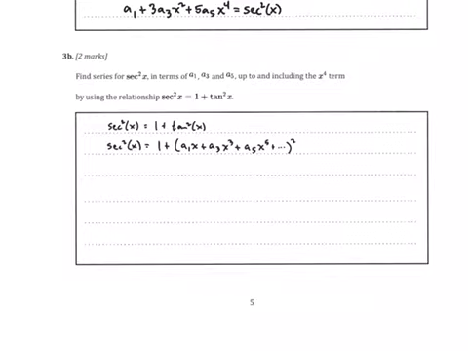Now, because I only want up to the x to the fourth term, I can simplify the issue here and make this slightly easier to understand. I'm just going to write this as a1x plus a3x cubed. I'm going to drop the rest of the Maclaurin series because any term beyond that will go past the x to the fourth term.